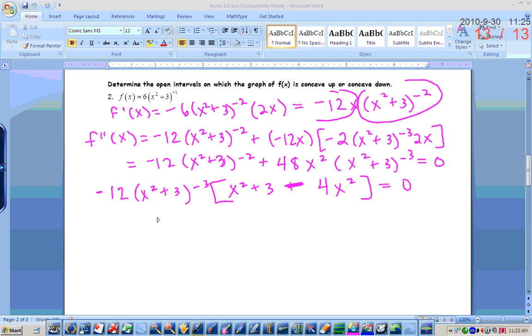All right, I'm going to now write this as negative 12, and then I'm going to put the x squared plus 3 to the third on the bottom. And then that bracket is 3 minus 3x squared.